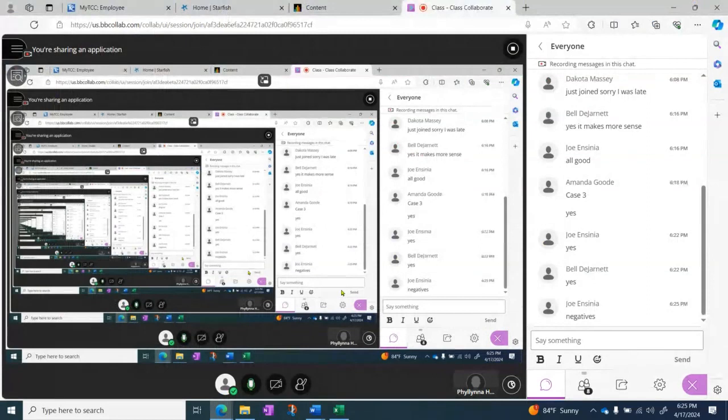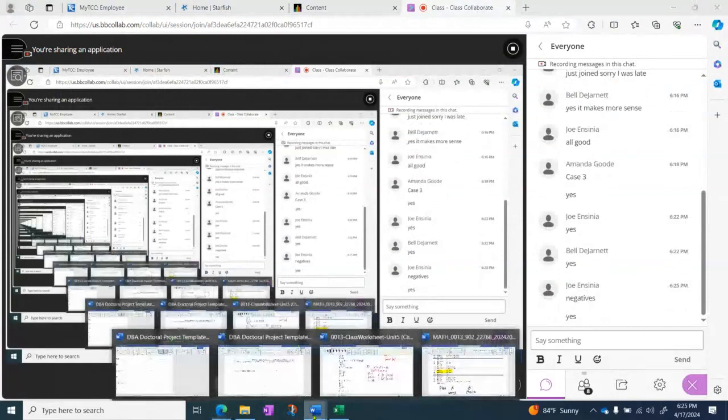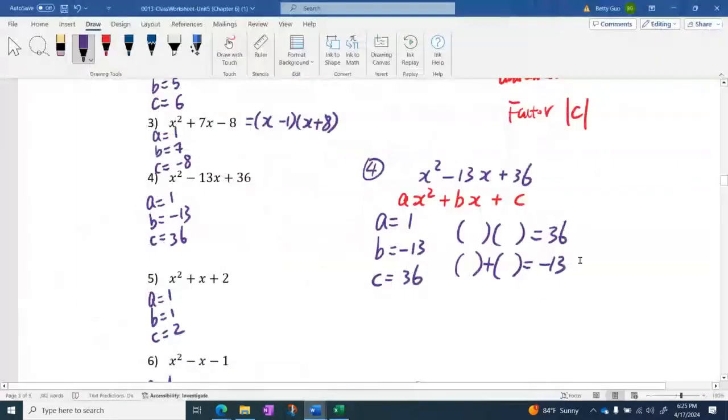Negatives. Jill, you mean both of the two integers are negative. Exactly, it's correct. Very good. They have to be both negative.